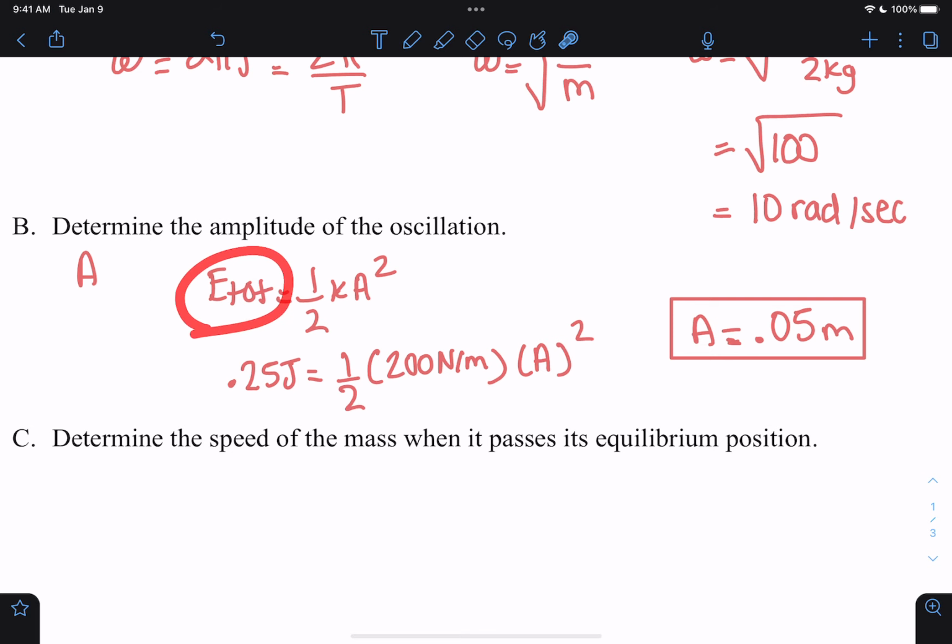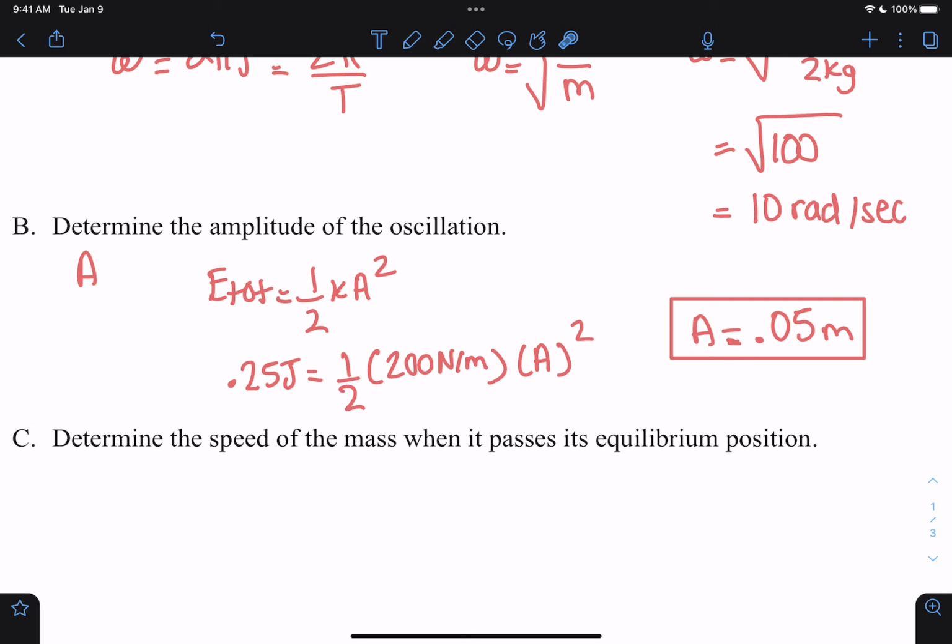So when we say E total, we're referring to the fact that at that maximum compression or stretching distance, which is defined as the amplitude, A right here is also x, right? It's a certain x distance away, or a certain y distance away, for example, if you were hanging the block on a spring.